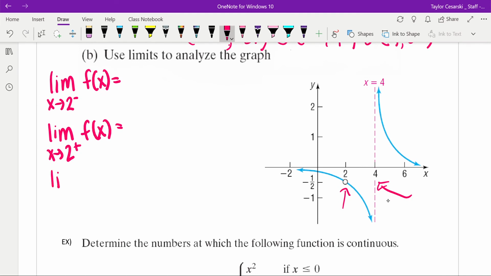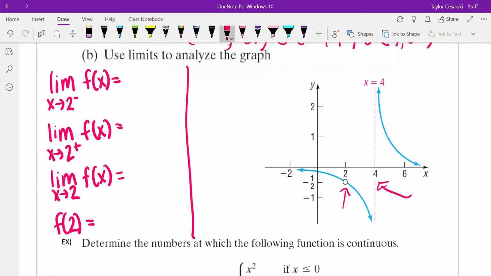Please notice my notation here. This is important. A lot of people forget this f of x. Don't forget it. Alright, so I'm going to do this right here, and then I'm going to do the exact same thing for 4. So I'm going to go ahead and write that out so I have that there, and then I can just talk through it.